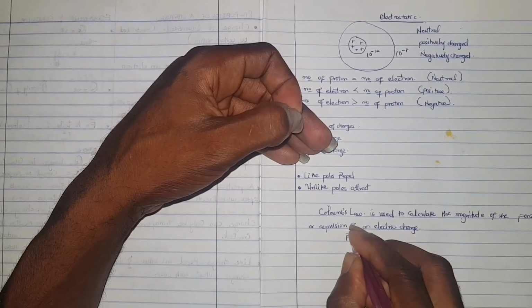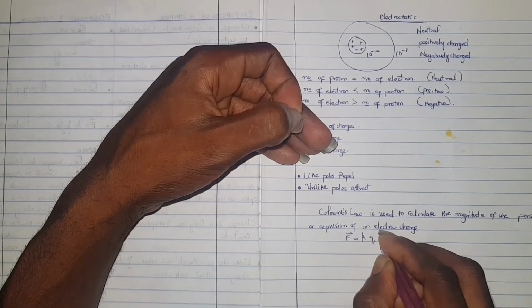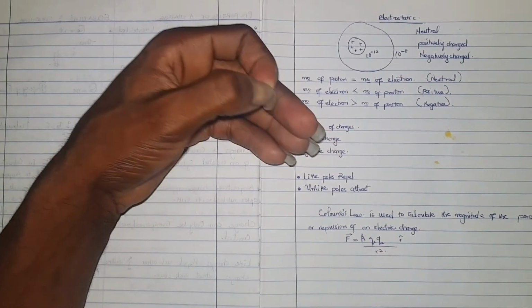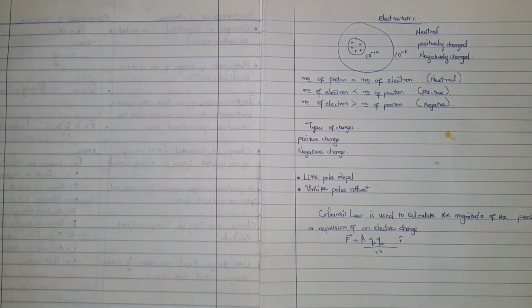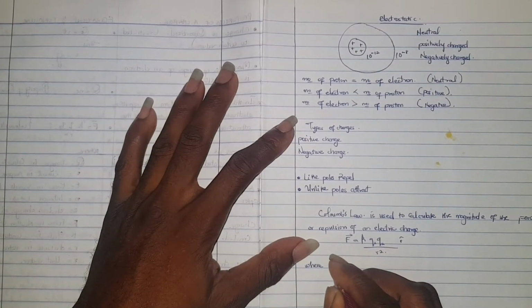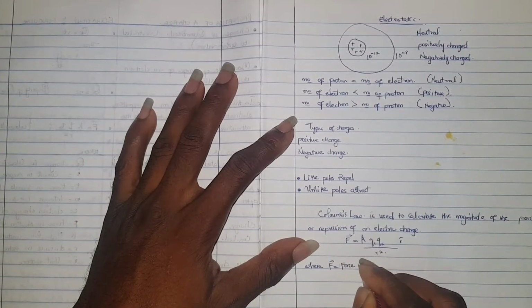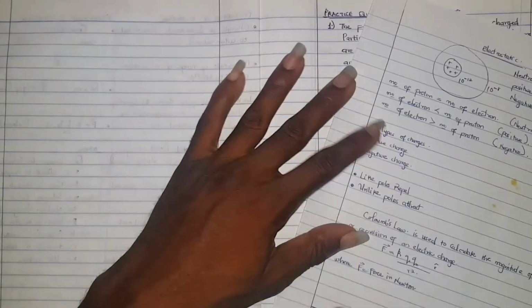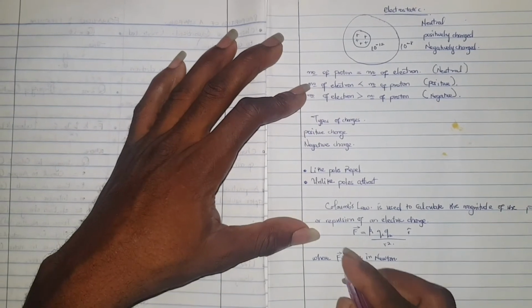The force F is given by K Q1 Q2 over R square times the unit vector R, where F is the force in Newton. The force is a vector quantity and it is measured in Newton.